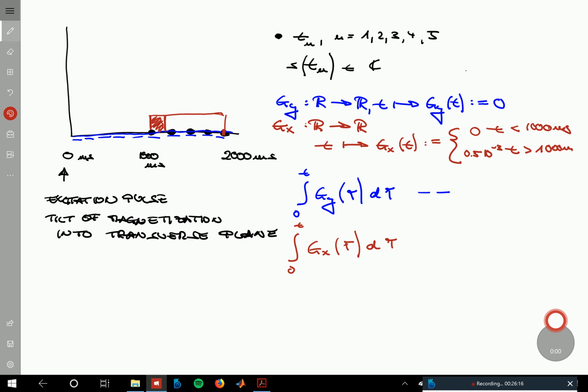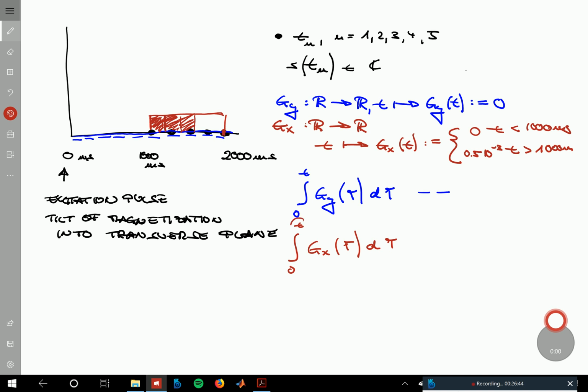At this point in time, I plot this area. At this point in time, I plot these things. And at this point in time, I plot all of these things. So what do I get if I plot that?